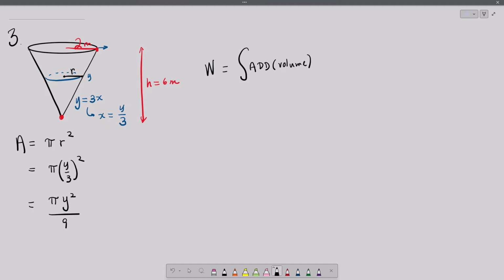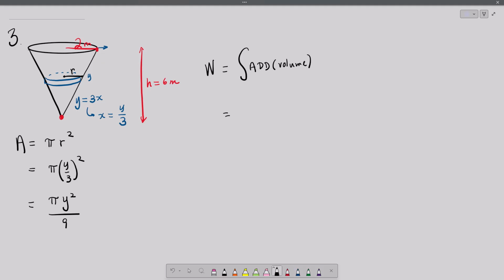If we think about this cross-section of water, that's two-dimensional, but as soon as we add some thickness to it, now we have a volume. That's the volume we're talking about in the parentheses: the volume of that little puck of water.